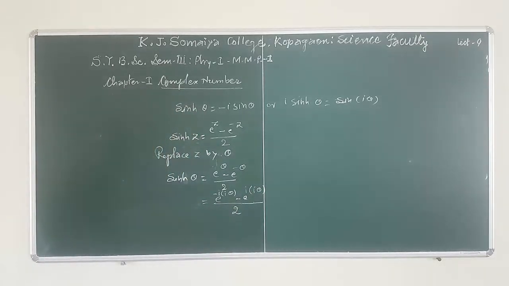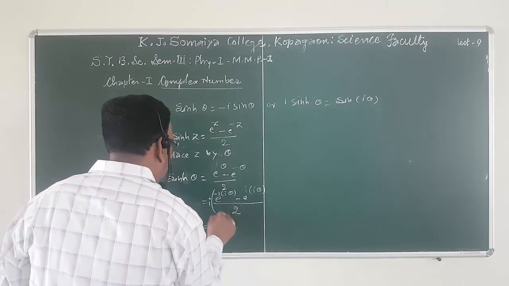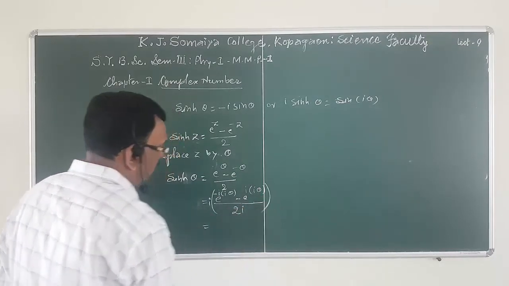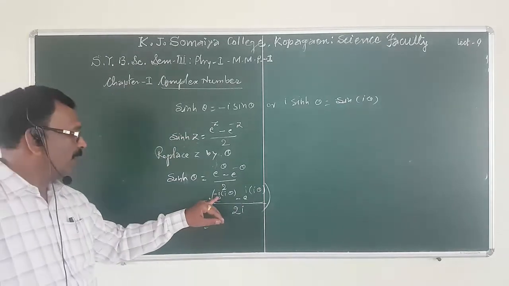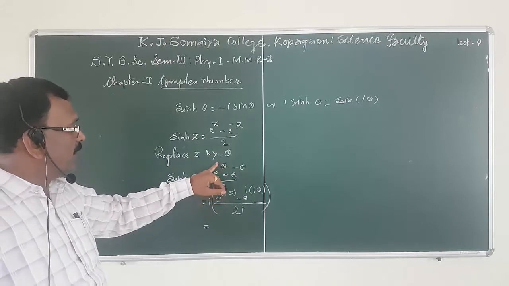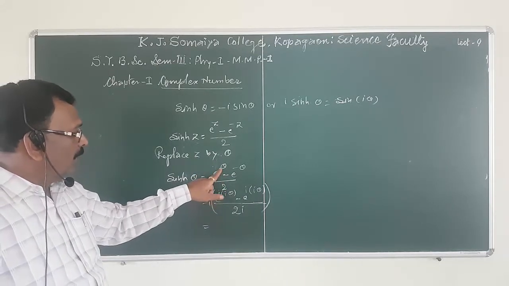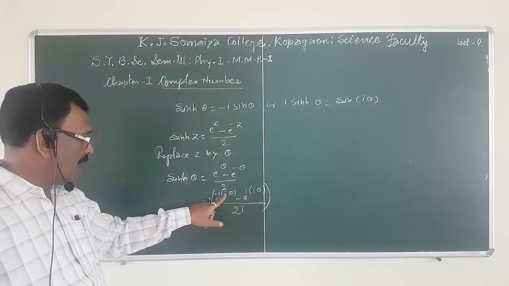Now, again make a little arrangement, multiplied by i and divided by i at the same time.